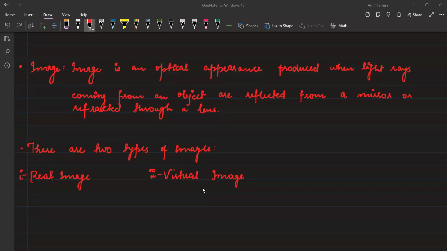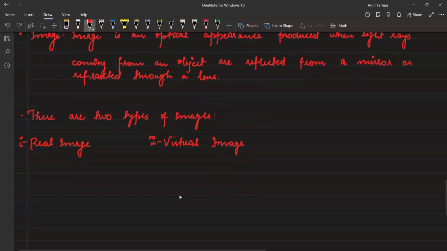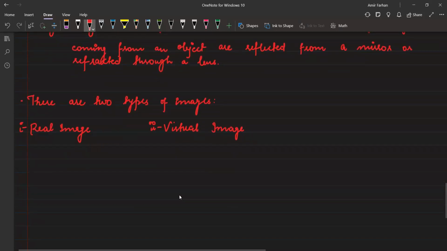Any doubt so far? Okay. So let's understand what is the difference between real image and virtual image.